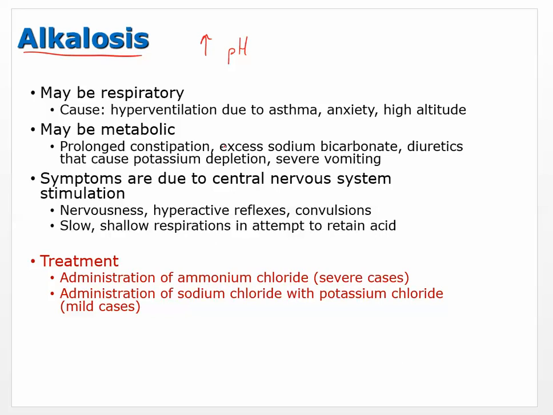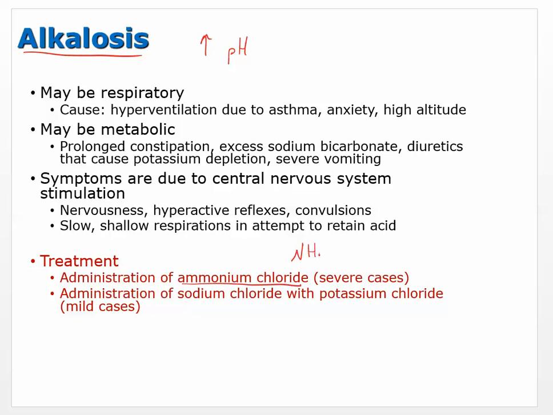Maybe metabolic: prolonged constipation, excessive sodium bicarbonate, diuretics that cause potassium depletion. Symptoms are due to central nervous system stimulation: nervousness, hyperactive reflexes, convulsions, and slow, shallow respirations in an attempt to retain acid. With acidosis it was quick; here it's going to be shallow, and remember that's an attempt to compensate.